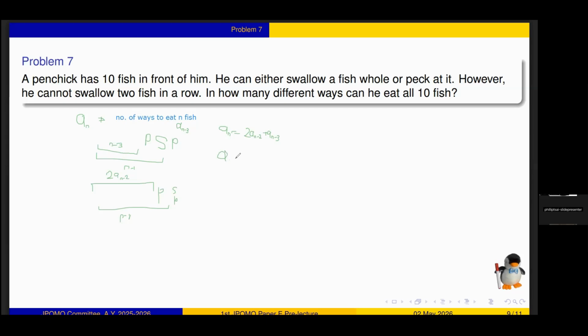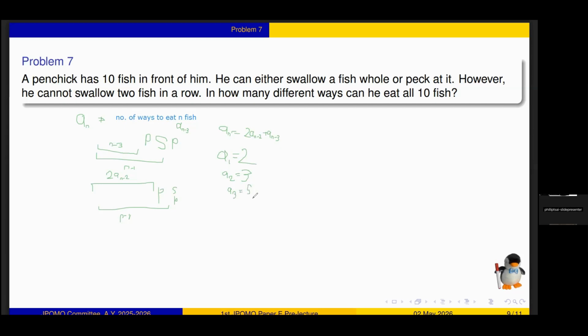So A sub 1 is equal to 2, A sub 2 is equal to 3, basically saying the number of ways to eat one fish is two, the number of ways to eat two fish is three, because there are four choices in total for the two fish, and then you subtract the S S case. And then A sub 3 is equal to 5.